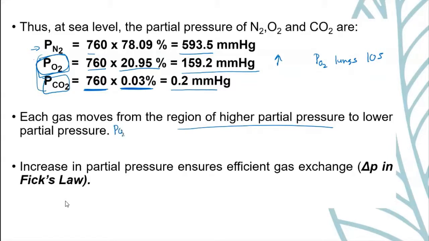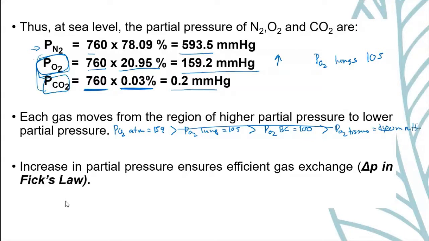Partial pressure of oxygen in the atmosphere, 159, is higher compared to the partial pressure of oxygen in the lungs, which is 105, which is higher compared to the partial pressure of oxygen in the blood capillaries, which is 100, which is higher compared to the partial pressure of oxygen in your body tissues, which is 40 millimeter mercury.